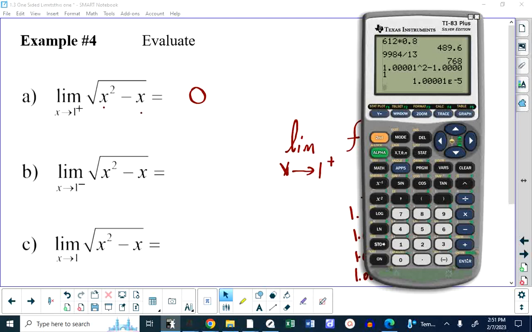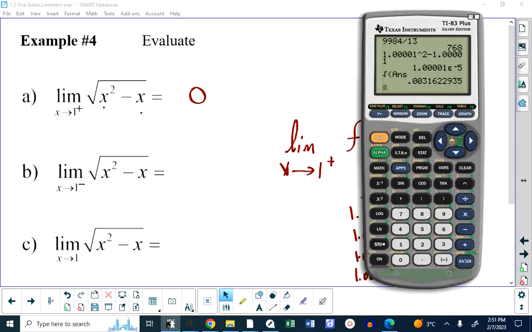I take the square root of that, and it's pretty tiny. If you were to continue to put in a smaller and smaller value of x, getting closer to 1 but not passing 1, what you would discover is it's 0.